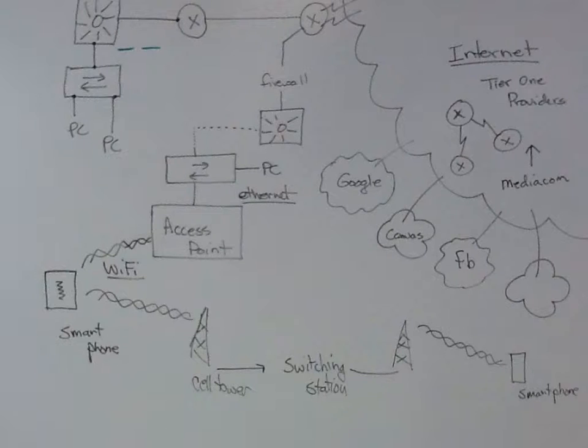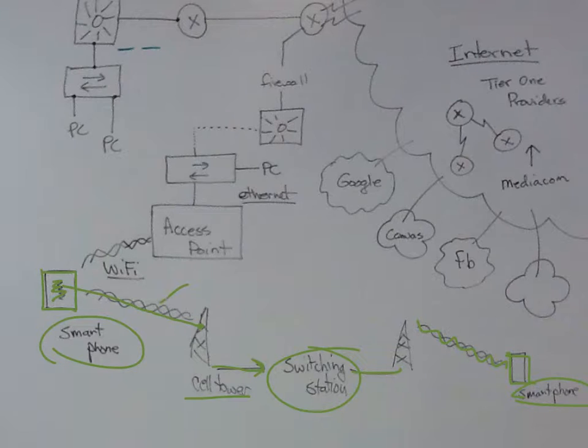One of the things in our situation here, let's say you had a smartphone in the classroom. You could communicate to a cell tower with your smartphone. It goes over to a switching station, which hooks it up to the right phone number and communicates to a cell phone, somebody else's.